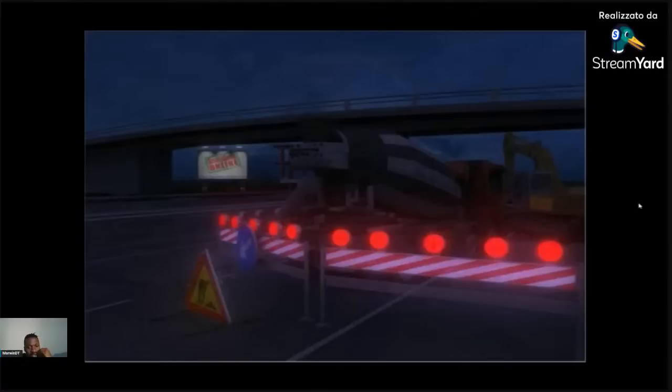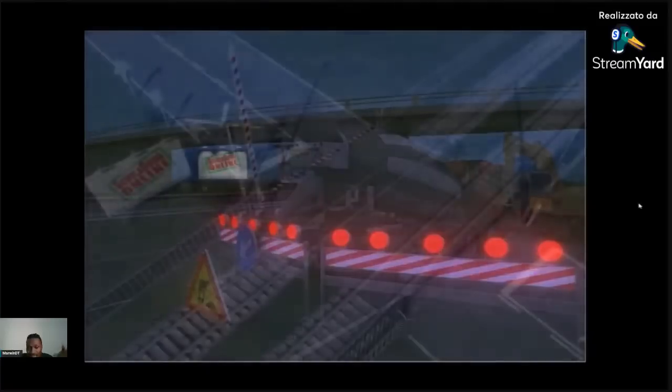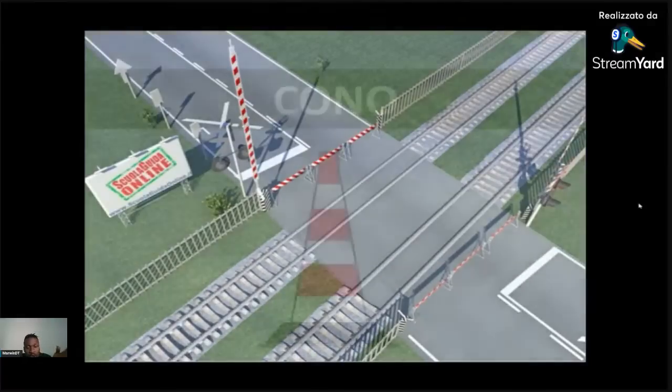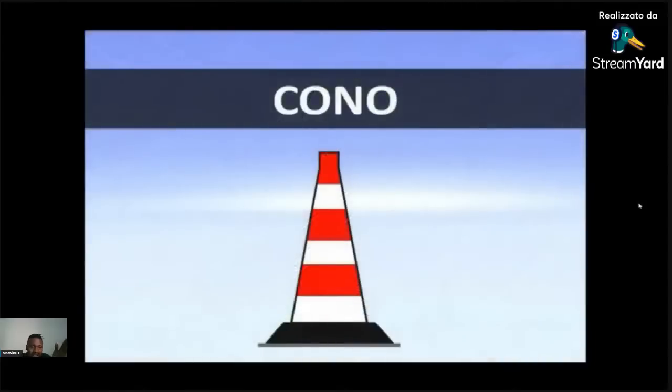Di notte vengono segnalati con un segnale luminoso. That's exactly how the question comes, con segnale luminoso, for it to be more visible on the road. These are things, like I said last time, you see every day on the road. When the barrier of the train line is not working well, they can use these same barriers to block the entrance of the train line.